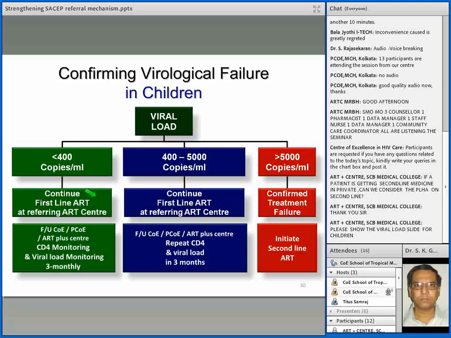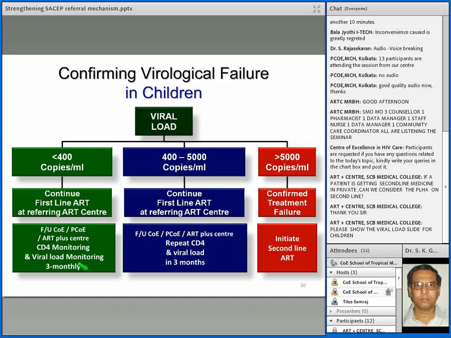In our case, in case of SC Medical College in another ART center in the state of Odisha, the follow-up and the monitoring has to be done at 34 and viral load if less than 400, and in adults it was 6.